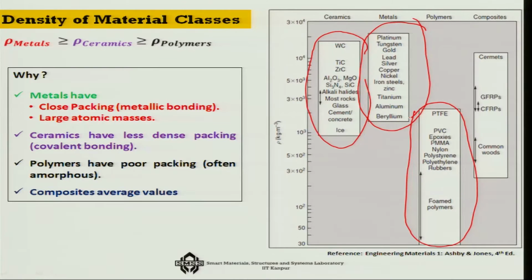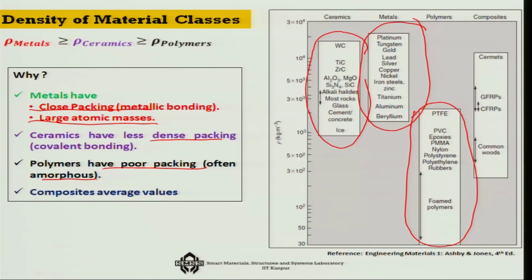So, that is why we say that metals have higher density, because they have close packing, and also individual atomic masses are generally more. Ceramics have less dense packing in comparison to the metals, and polymers have the poorest packing. That is why they are amorphous, and hence their density is much lower.